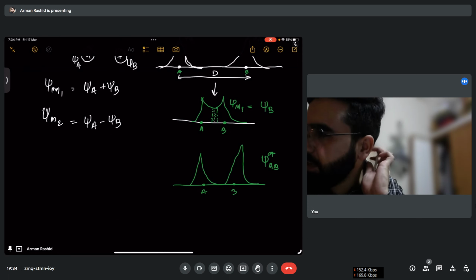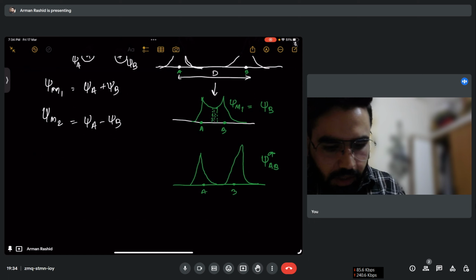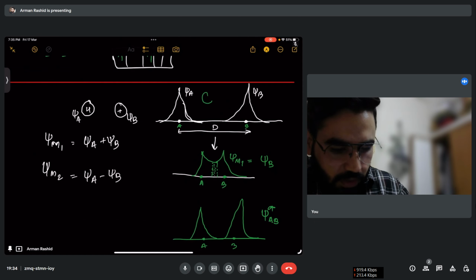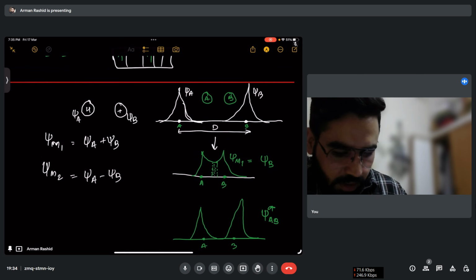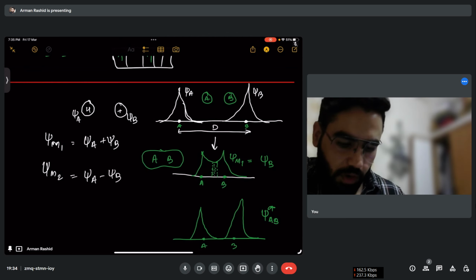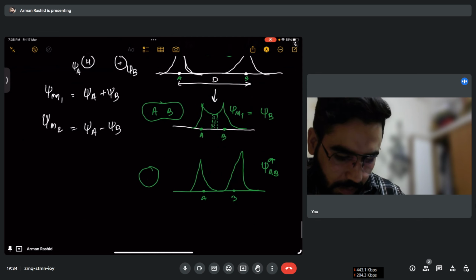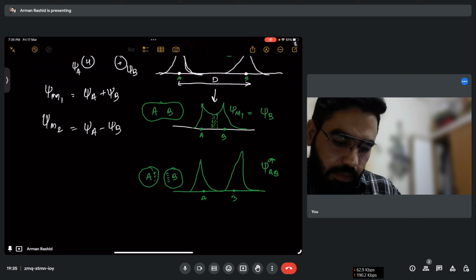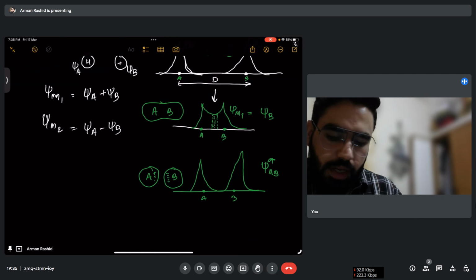If we represent this system, we represent the two orbitals as A and B. In the bonding system, we can represent the electron density like this. But in the antibonding system, A is the positive phase and B is the negative phase. It is because of the bonding molecular orbital that the system is stable.